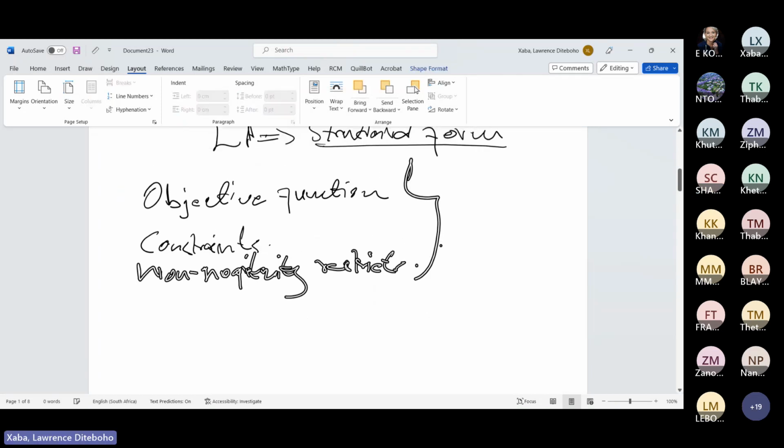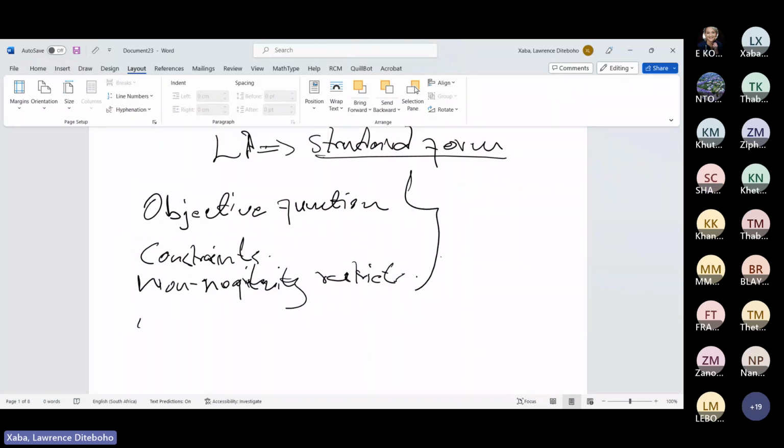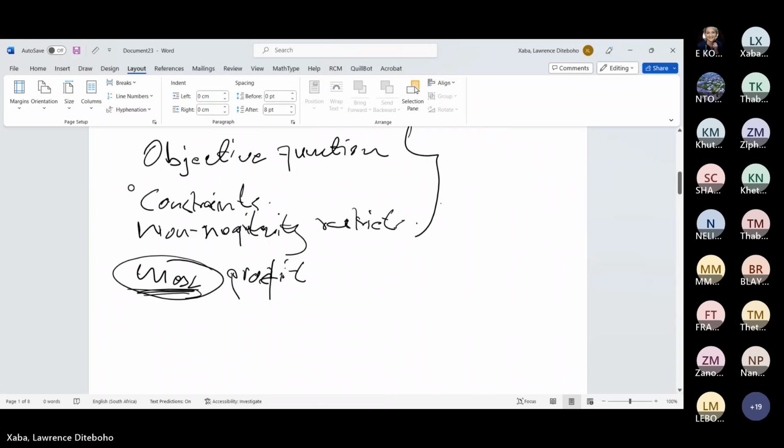So remember, we said under LP we have two ways to solve the problem. Normally our problem comes as a max, where our interest is to see how much profit the company is going to make. Two, there are problems where the company is trying to minimize the cost.